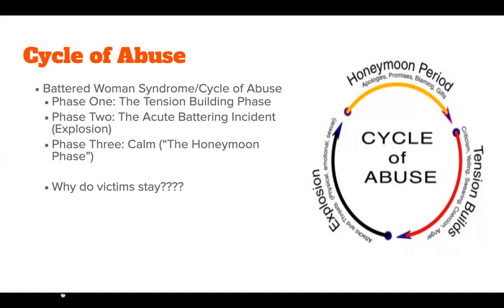There is evidence that shows that for those who leave, the next year and a half is one of the most dangerous times in their lives, because the likelihood that their abuser will then murder them, violently come after them, increases exponentially. So this isn't a straightforward situation.